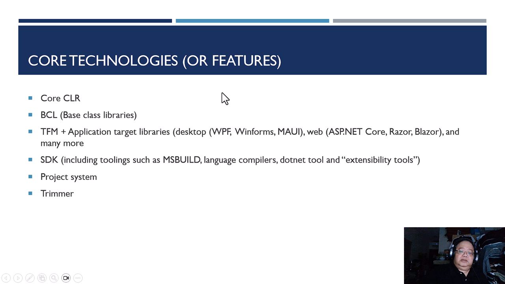Okay, just a quick recap of the core technologies. And there are also features, of course, but this is more like the base core features, because again, if you are talking about base core features, you also need to mention the tooling infrastructure such as MSBuild, of course, the language compilers such as the C# compiler, VB compiler, F# compiler, and also extensibility tools like .NET Tool with the whole ecosystem of the .NET Tool itself.